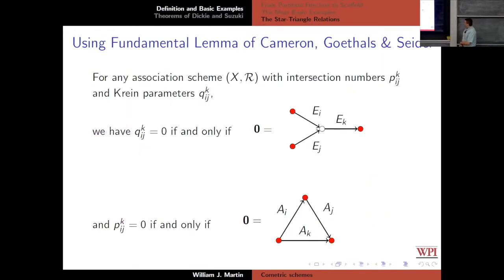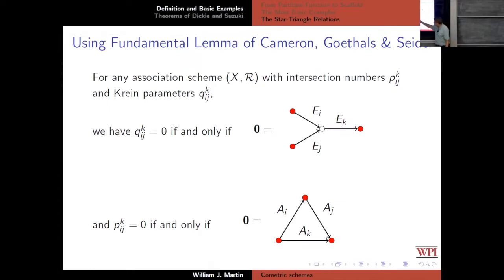Fundamental star-triangle relations, we proved this yesterday: Qijk is zero if and only if this third order tensor is zero. Let's think of choosing any three vertices. There's a quantifier here over all vertices at each red dot.